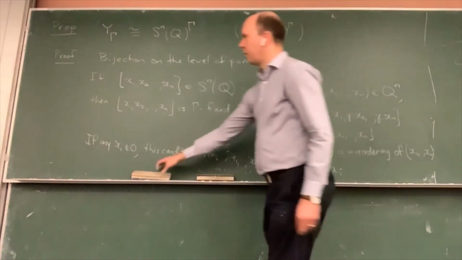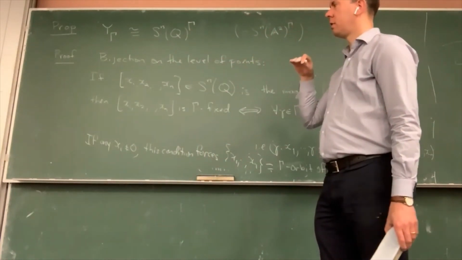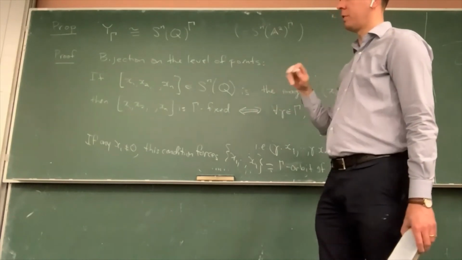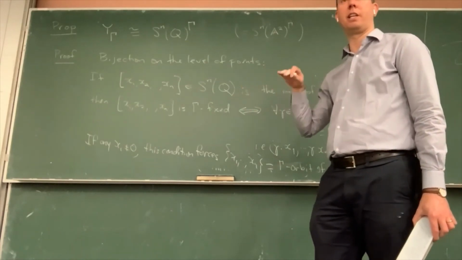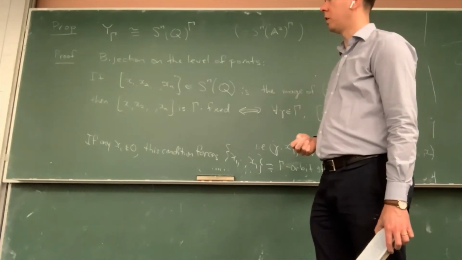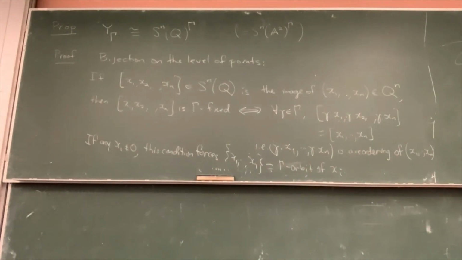Then you just have to check that one of these maps is a morphism and a closed embedding, and then if it's a bijection on the level of points, it will be an isomorphism as well. So the easiest way to turn this correspondence into an actual morphism of varieties is to think about the unquotiented level first.